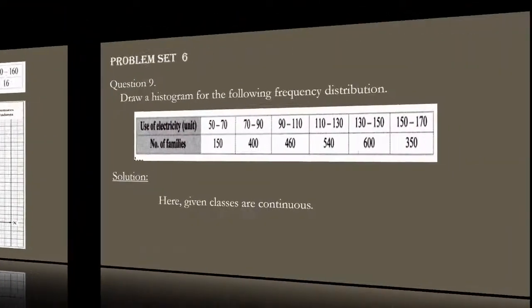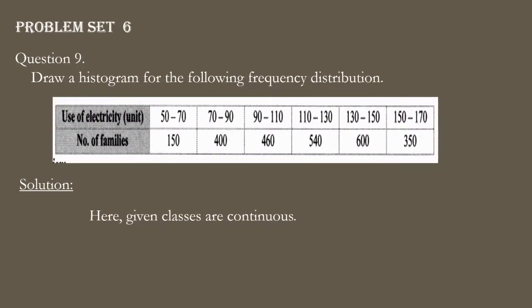Problem set 6, question number 9. Draw a histogram for the following frequency distribution. Here also the classes and frequencies are given. And solution: here the given classes are continuous.